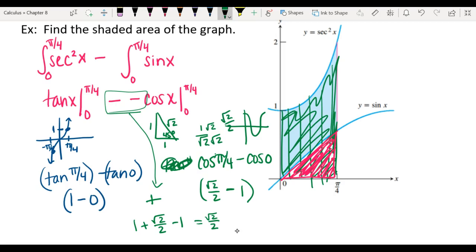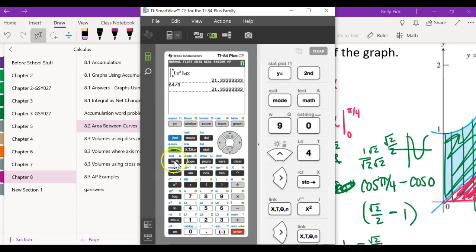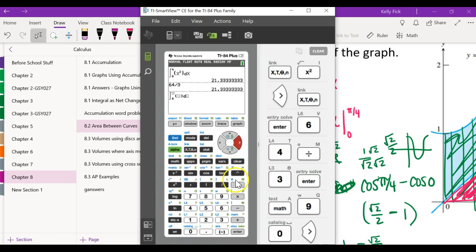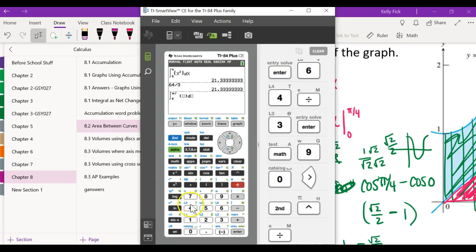And so if you did get to use a calculator for this, how you could plug this in is you could plug in math, so we're integrating from 0 to pi divided by 4.